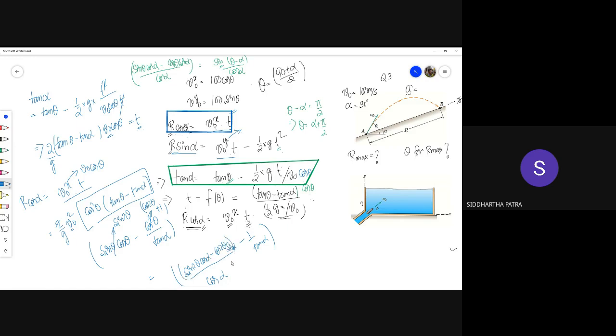Okay, so it's actually sine 2 theta minus alpha that should be maximized, which means 2 theta minus alpha is pi by 2, and therefore theta equals alpha by 2 plus pi by 4.